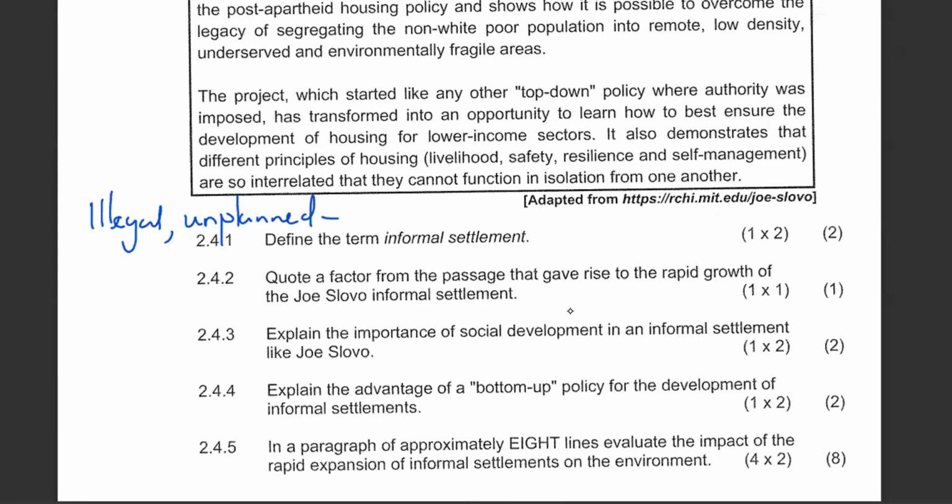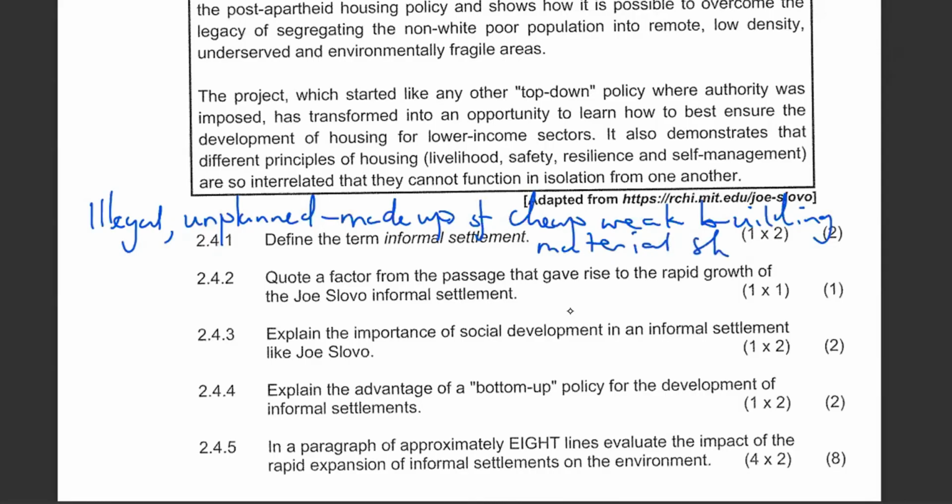And what is it made up of? Cheap, weak building material. What we commonly refer to as the shanty town.